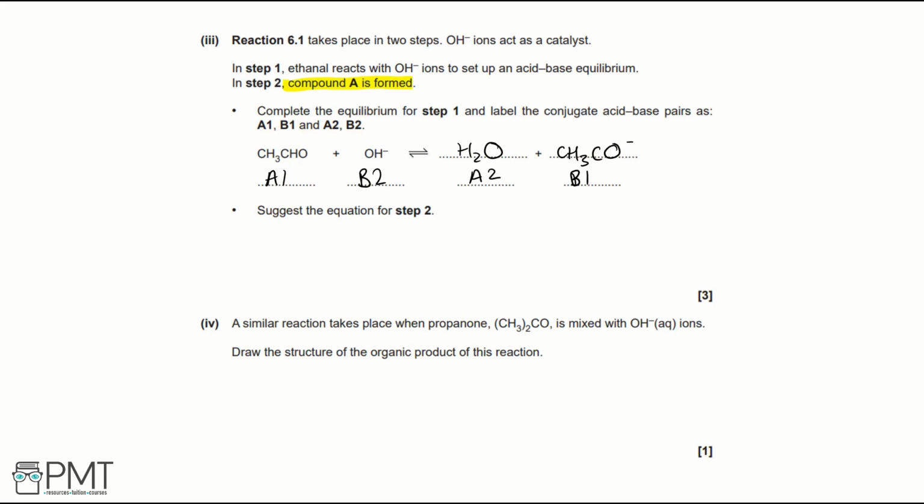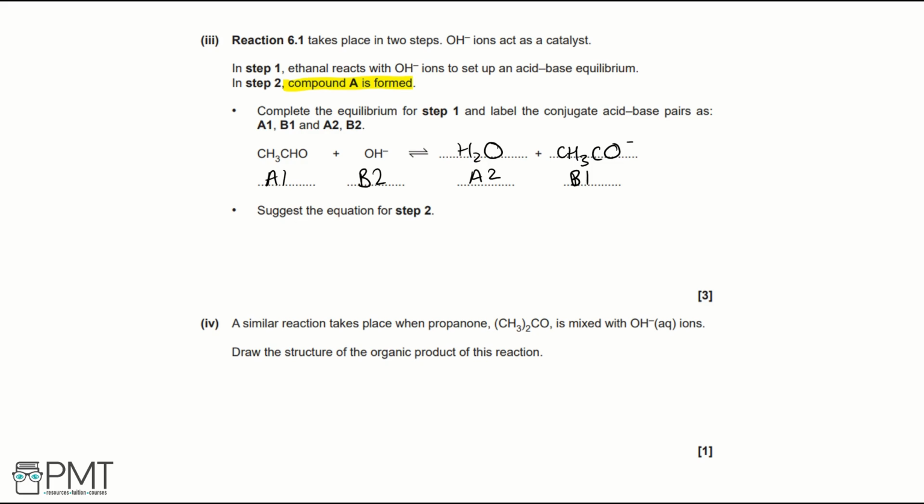If we just look back and check for a second, the acid and base conjugate pairs and why they are what they are. So looking at A1 and B1, A1 means acid number 1. An acid is a proton donor, and we can see that A1 going to B1, it's lost a hydrogen or an H+, which is also known as a proton.